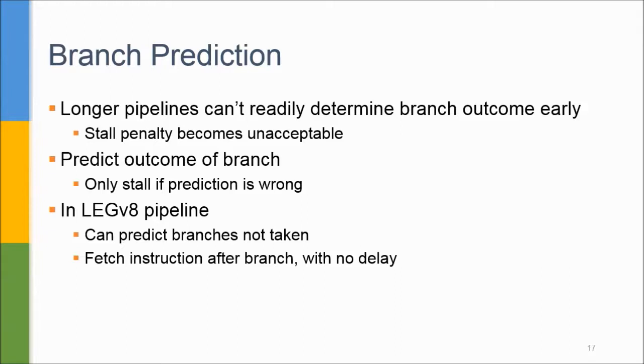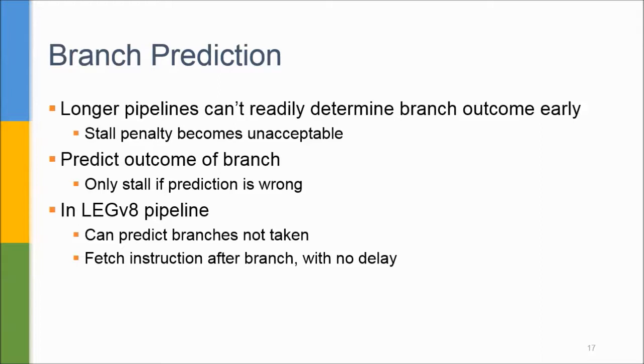In the predict taken approach, we assume that the branch is always taken. This method will work for processors that have the target address computed in time for the instruction fetch stage of the next instruction, so there is no delay, and the condition alone may not be evaluated.